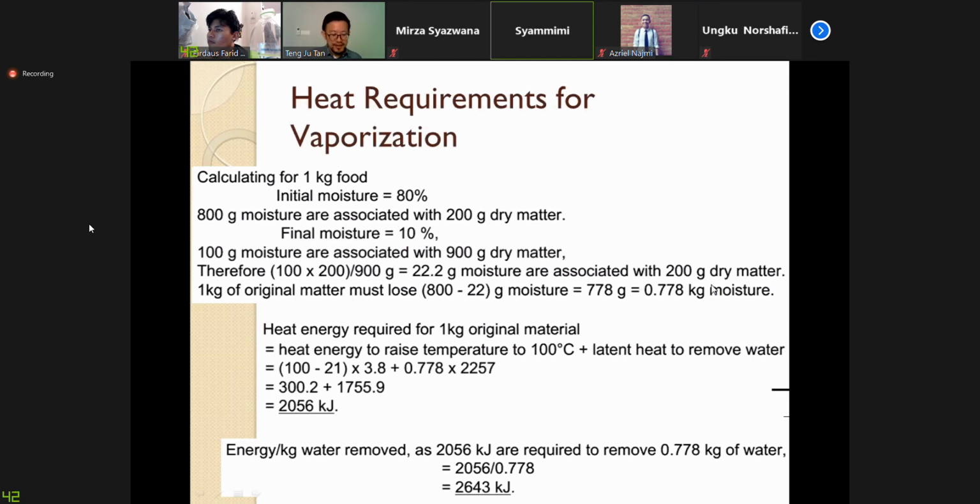All right, and then the heat energy required for 1 kg of original material equals the heat energy to raise the temperature to 100 degrees Celsius plus the latent heat to remove the water. This one is from a formula that maybe you haven't learned before. I will write it down on the whiteboard.